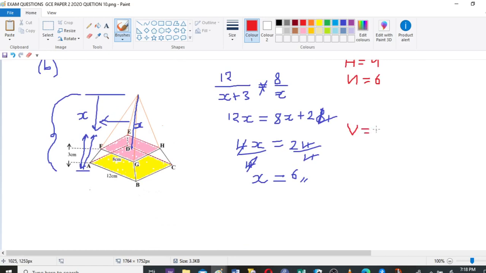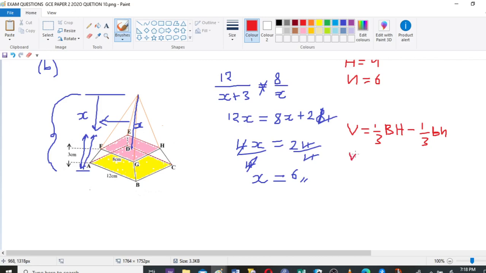For the larger one, we have 1 over 3 multiplied by the base area, which we'll use big B to represent, multiplied by the height, minus the smaller one, 1 over 3 multiplied by the base area, which we use small b, multiplied by the height there.